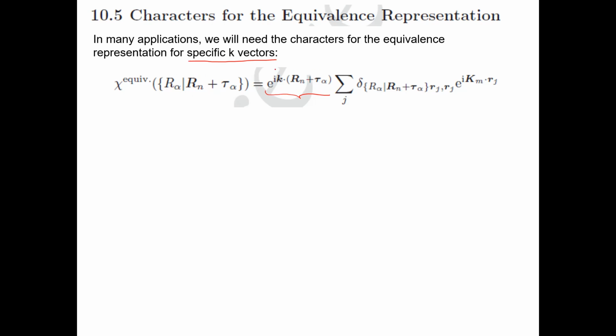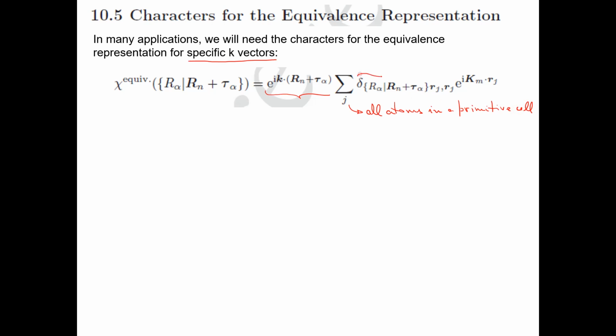So there is a phase factor, and also here this sum over j is a sum over all atoms in a unit cell, in a primitive cell to be more clear. So you sum over all atoms in a primitive cell, and you have a Kronecker delta here.